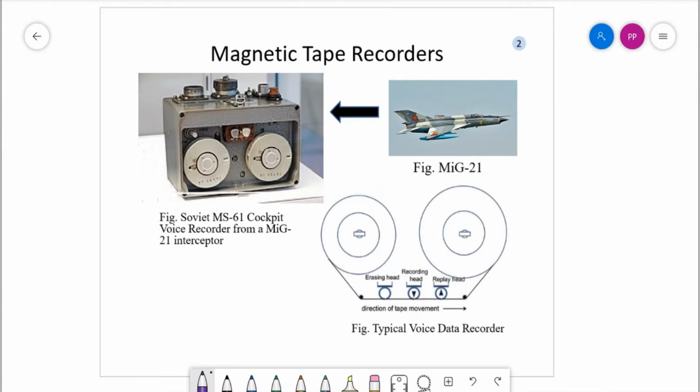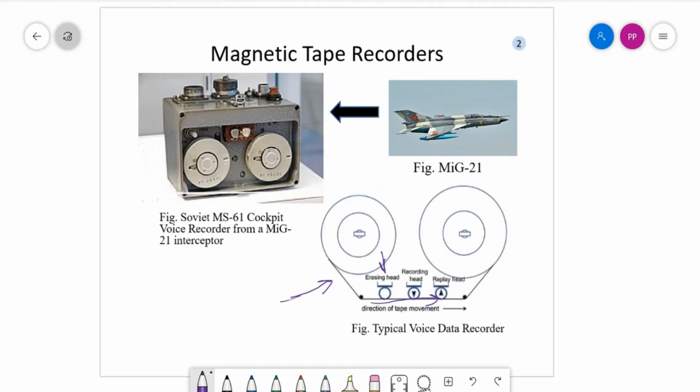So below we can say that this one is the basic mechanism we are using in magnetic tape recording. The first one is the erasing head. So here the existing data on the tape, which is moving from left to right in this direction, is erased.